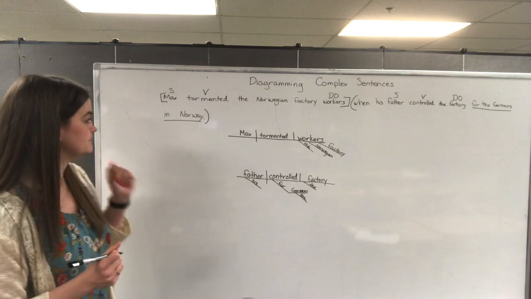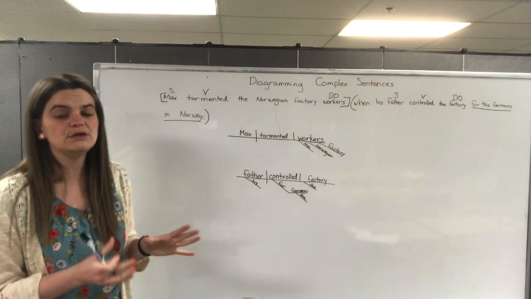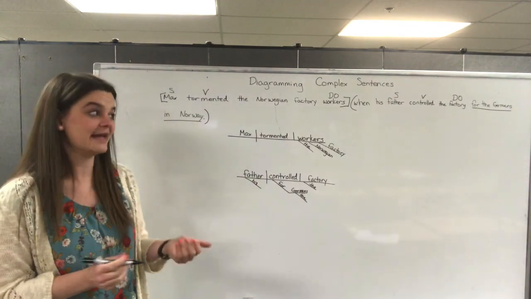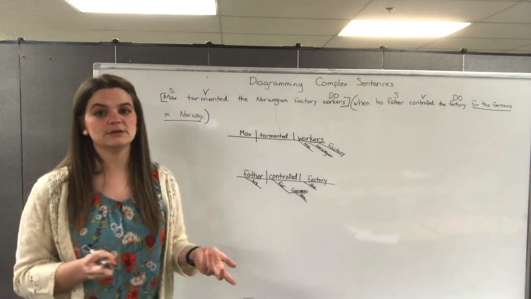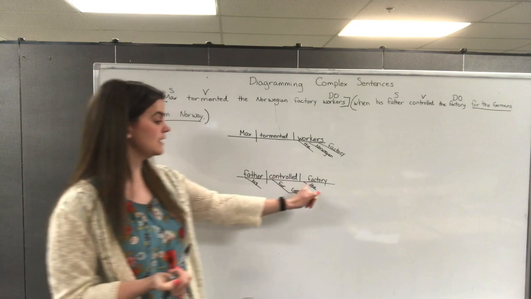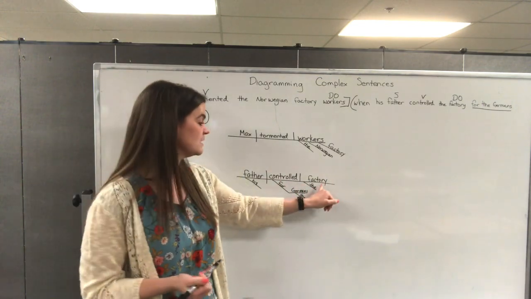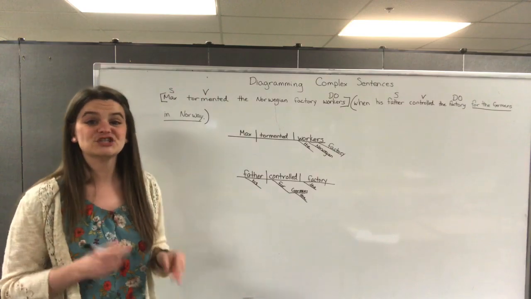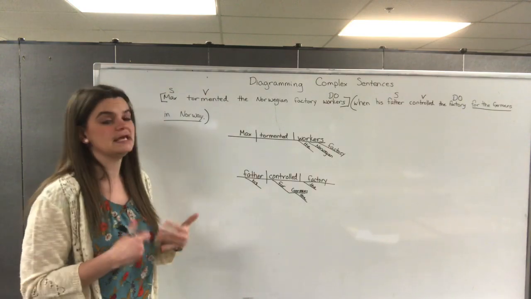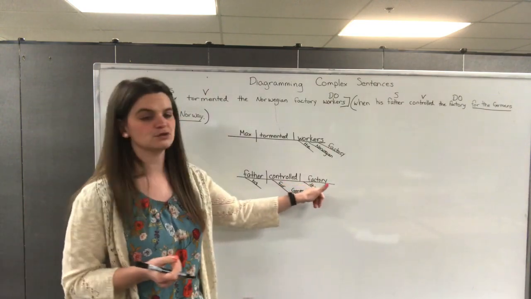In Norway. Now, here's where we can disagree, and that's okay. Again, what does in Norway describe? Well, is it a factory in Norway? Yeah, it is. You can put it under factory. Which factory? The factory in Norway. You could also answer the question, controlled where? Controlled in Norway. So it could hang off of controlled.